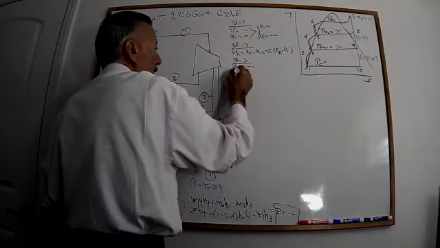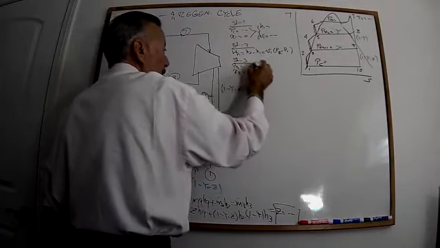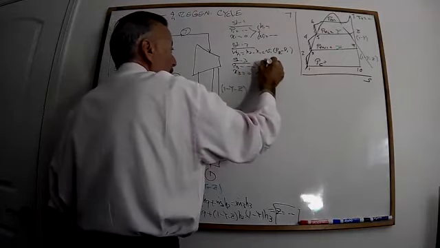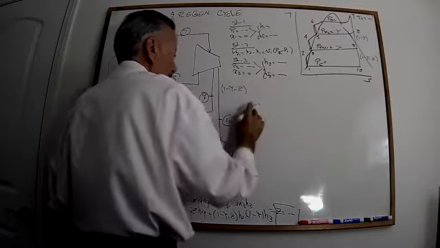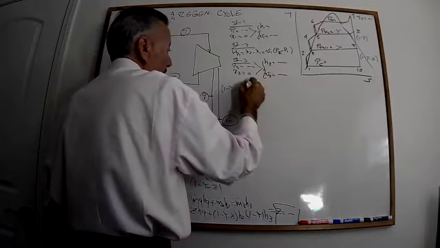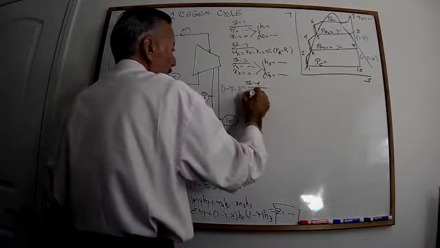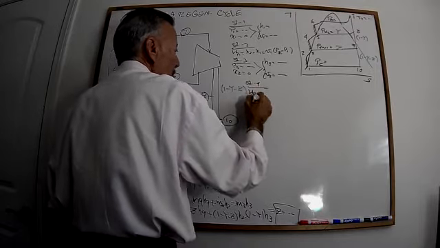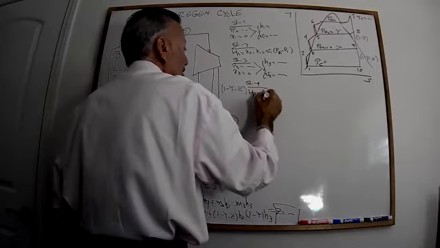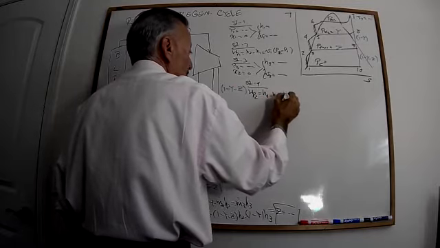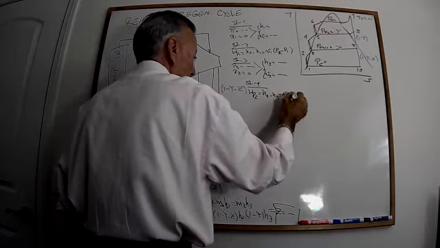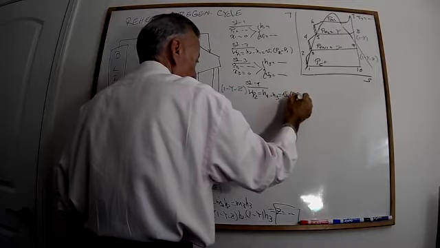P3 and X3 being equal to 0, you find H3 and V3. And state 4, you have work of pump 2, which is H4 minus H3, which is the same as V3 times P4 minus P3.